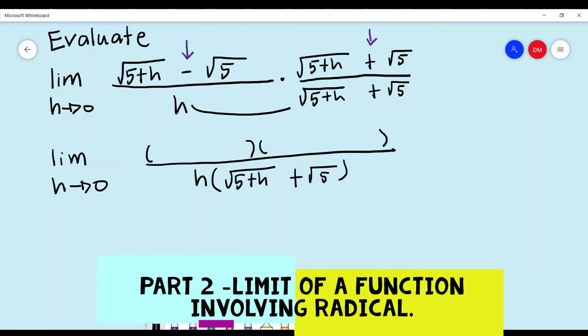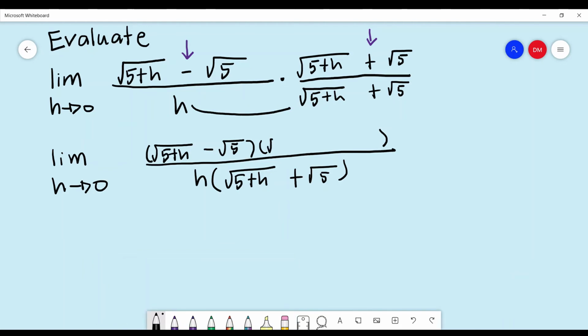In the first one, we will write the numerator of the given function, which is square root of 5 plus h minus square root of 5. And in the other parentheses, we are going to write the conjugate, and that is square root of 5 plus h plus square root of 5.